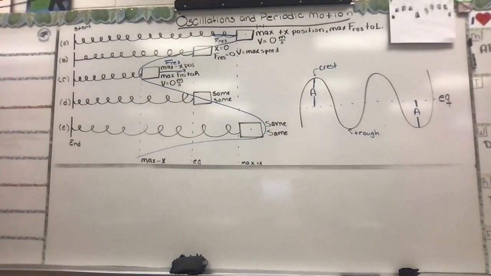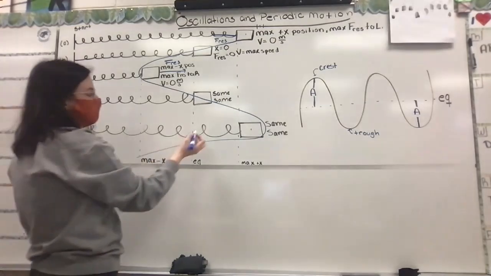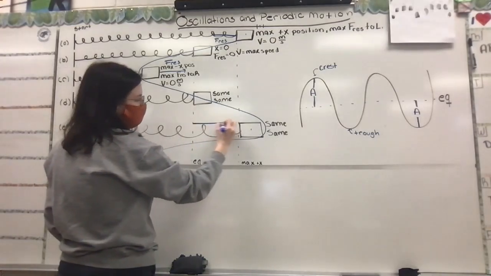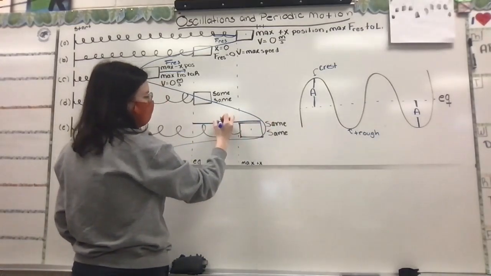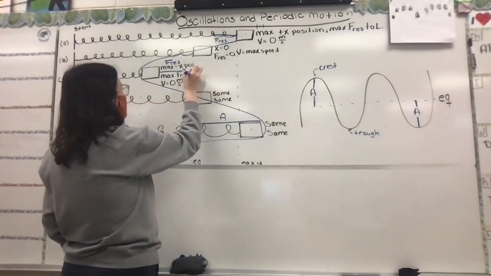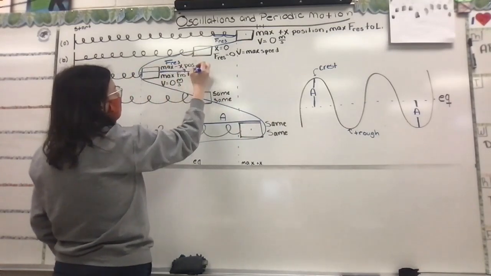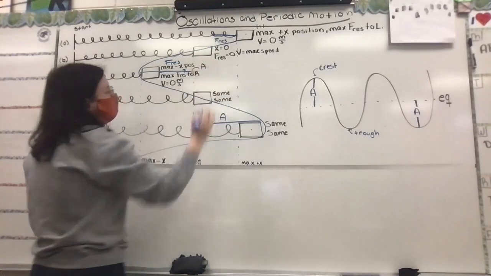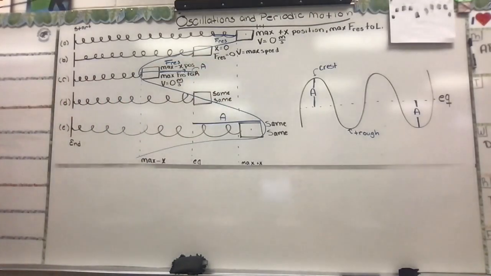Do you want us to draw that line? It can probably help you, yeah. So how you would find the amplitude of this would be from equilibrium to the maximum displacement. You see how it's the same thing? We just turned it on the side? Pretty cool, huh?